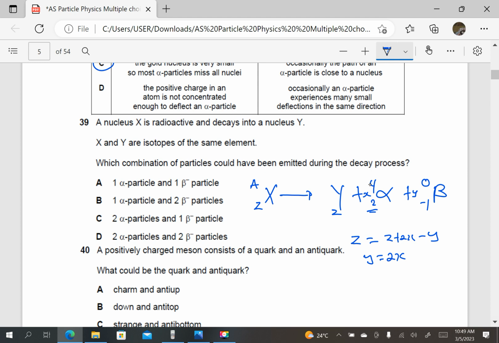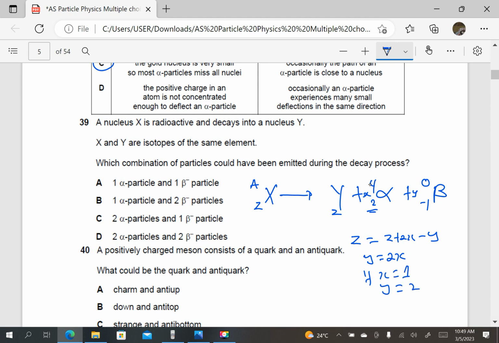Here we have 2 times x, so the total proton number will be Z plus 2x. Yet it should go back to Z. So most likely x is going to be 1. If x equals 1, then y is going to be 2.